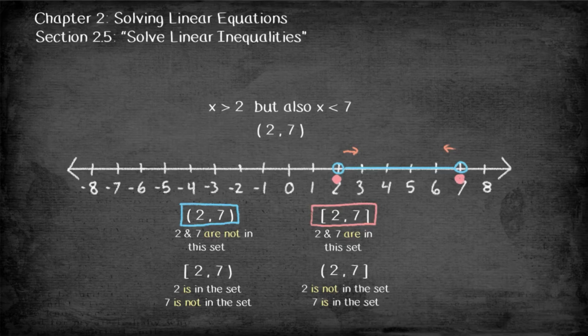So that set would be drawn like that. And then we have what are called the half-open intervals, which indicate that one of the endpoints, the one with the bracket, is in the set while the other is not.